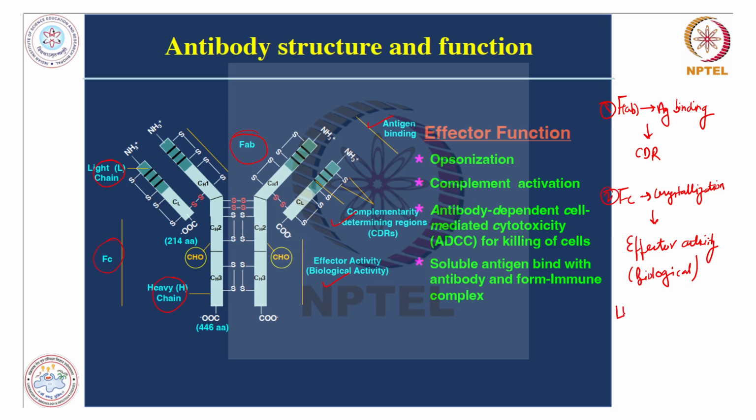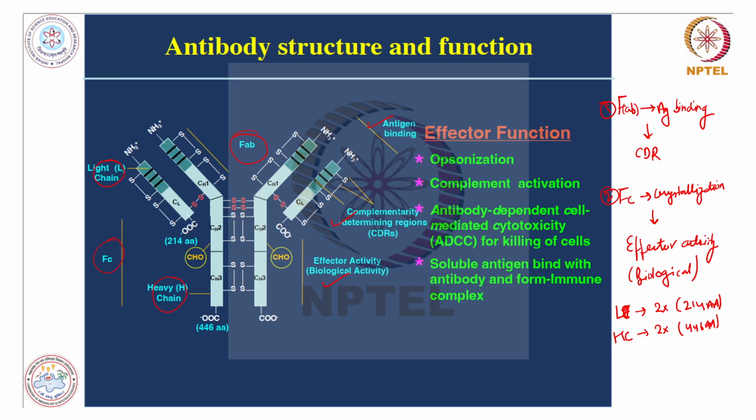Then it has the light chains and the heavy chains. It has two light chains and two heavy chains. The light chains are 214 amino acids and the heavy chains are 446 amino acids.